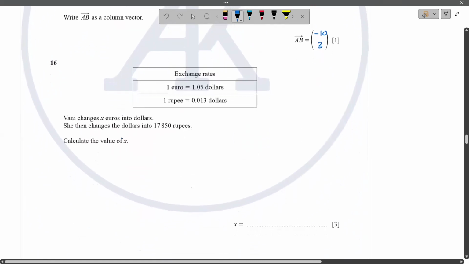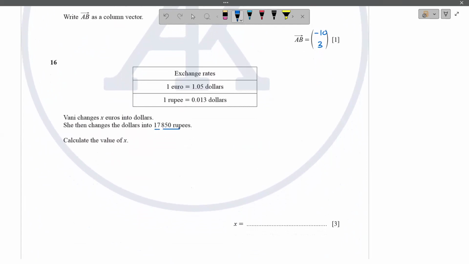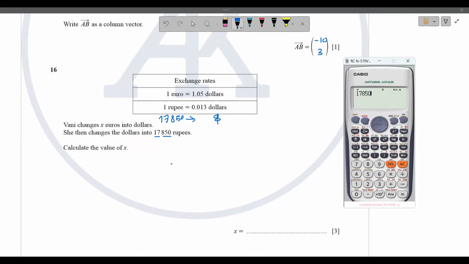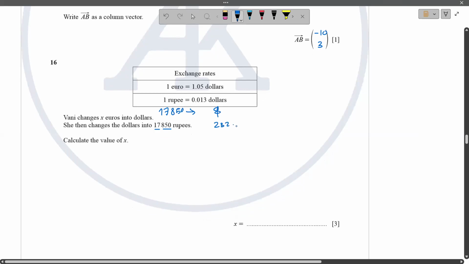When it changes X euros into dollars, then it changes the dollars into 17,850 rupees. So I'm going to start here, 17,850 rupees to dollars. So it will be 17,850 multiplied by 0.013 over 1, which is equal to 232.05.